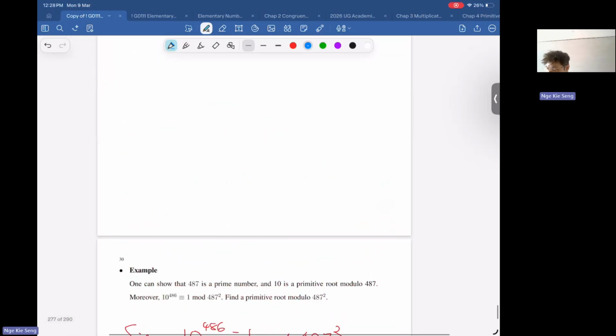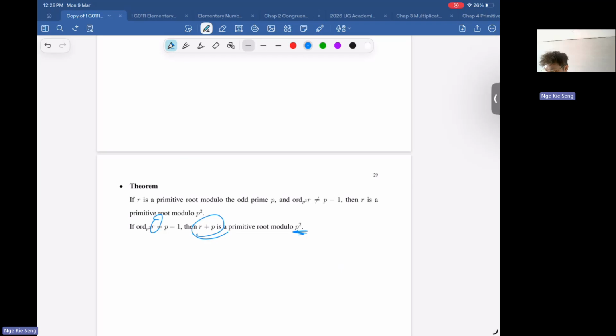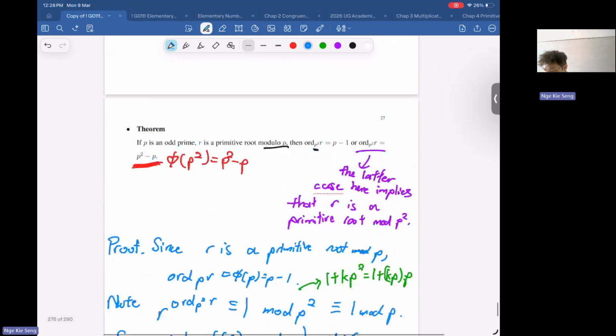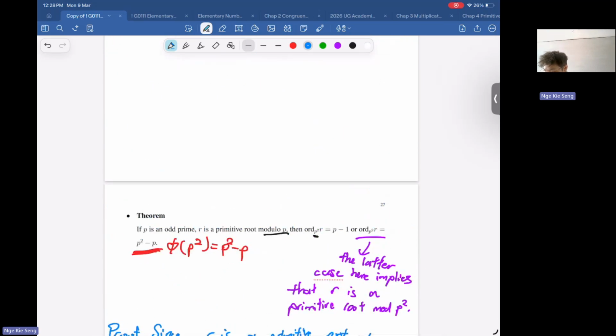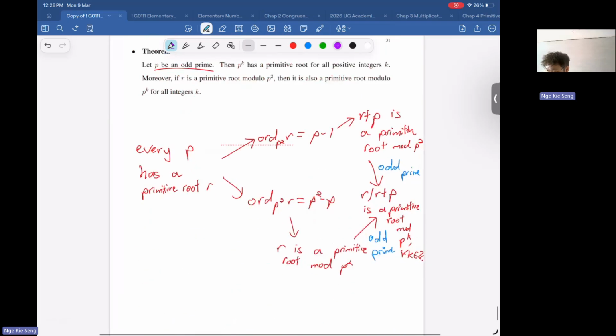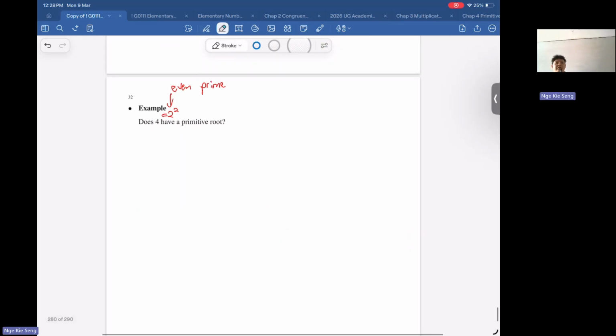Do we need an odd prime for the p minus 1 and p squared minus p? There's no odd prime here, I guess. Let's go back a bit further. Any odd prime condition? Oh, here there is one. This statement about p minus 1 and p squared minus p has an odd prime condition. So the odd prime condition will appear here also, meaning this whole chain only works for odd primes. Now we want to show you something about the even prime.